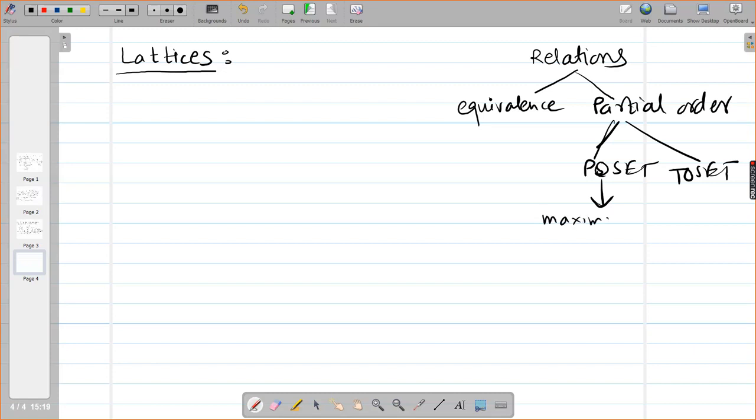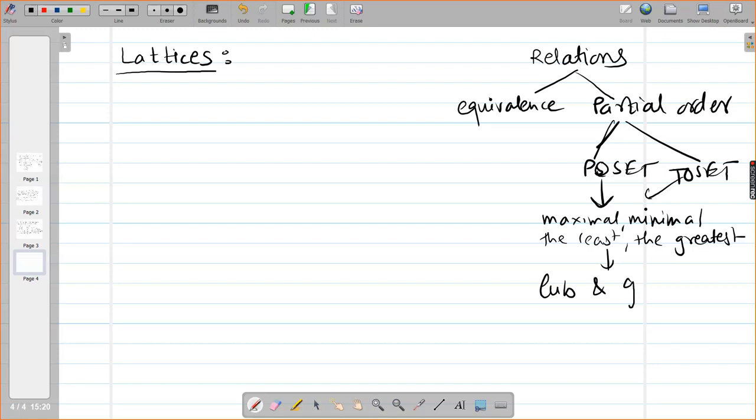Then from poset, we had maximal, minimal, or in toset also you can say. Then the least, the greatest elements. Now we are defining LUB and GLB, and now we are defining lattices on the basis of that. Are you getting it? See the flow.